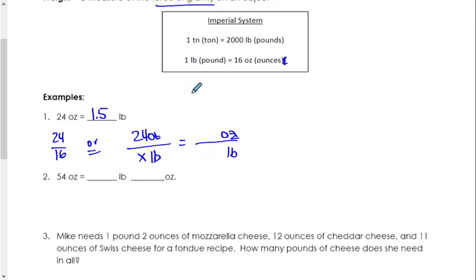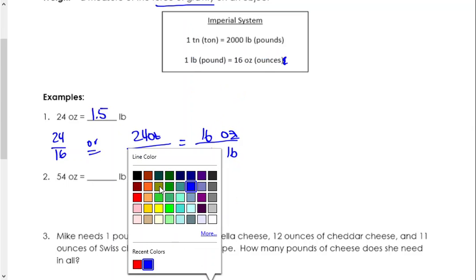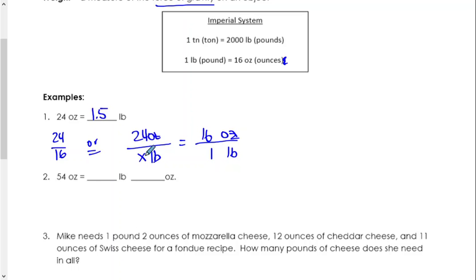I know that 1 pound is 16 ounces. Solving that proportion, I multiply and divide by the one that is across. So I would do 24 times 1, which is 24, divided by 16.